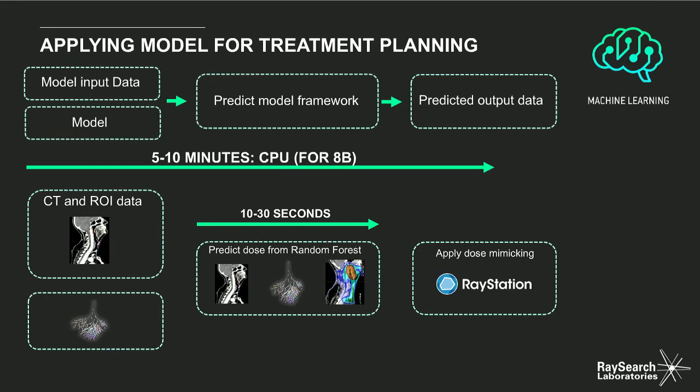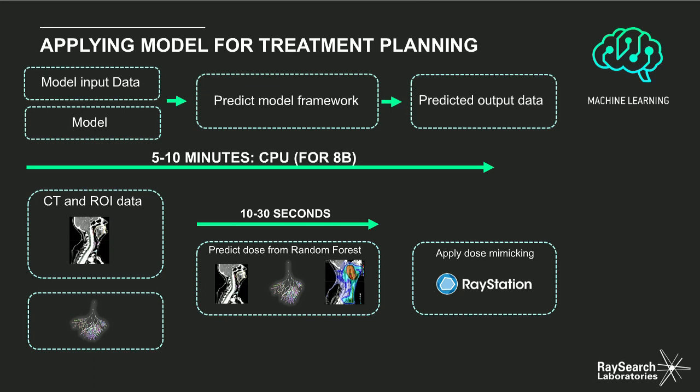We then apply these automated planning models in this way. So you have a new patient coming into RayStation, you have the CT and you have the ROIs. Possibly the ROIs were segmented with deep learning. You then predict the dose using this random forest model, so basically infer the dose on this new geometry and ROIs.